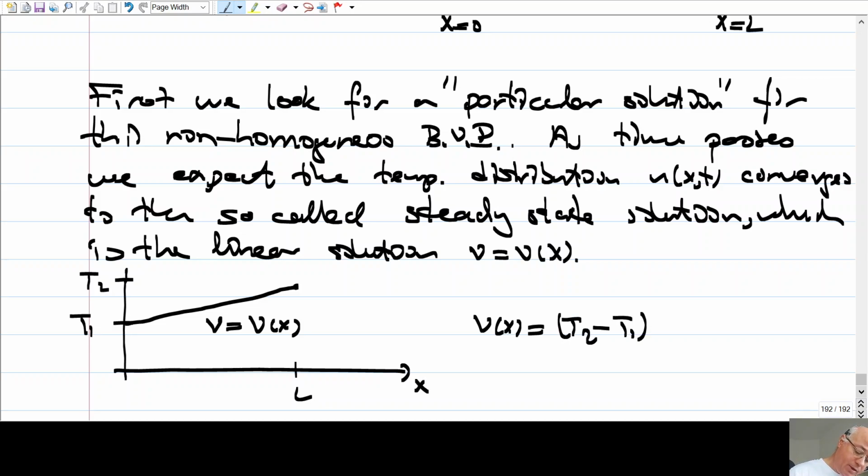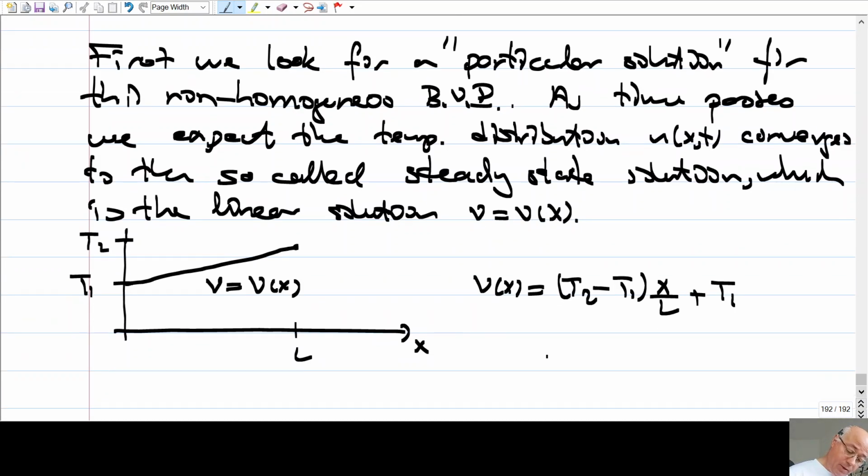It is (t2 minus t1) x over L plus t1. So first when x is 0, it is t1, and when x is equal to L, it is L over L, which is 1, times t2 minus t1 plus t1, so it is t2.